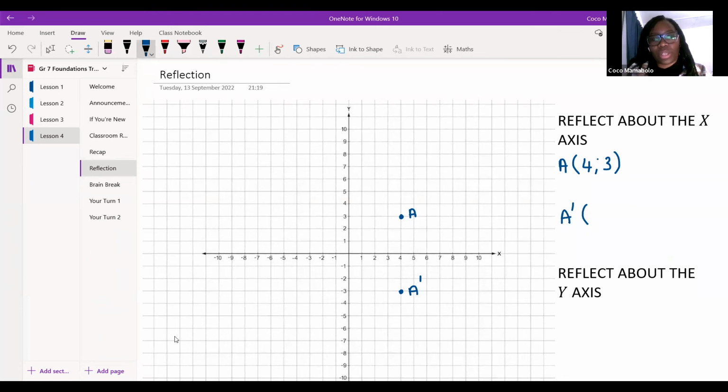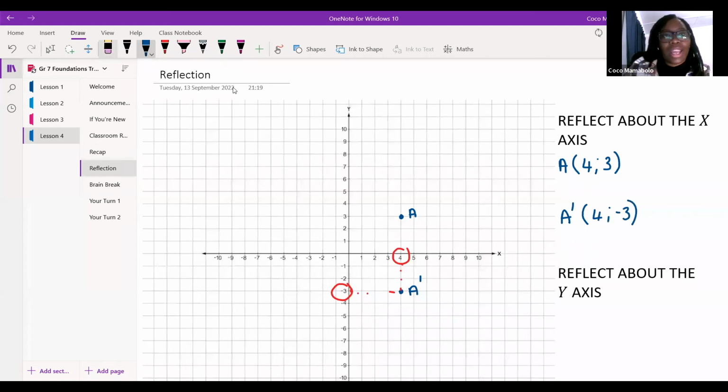Ndiso, check again. Nokwezi, check again. Here is my X value. There's my X value. And here is my Y value. Well done, Iminati and Bukhale. Excellent. And Faith. Excellent, guys. My A prime value is 4 and -3.